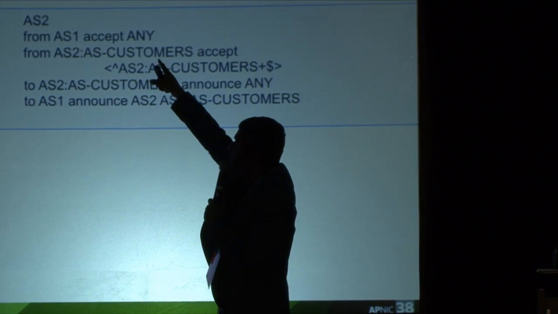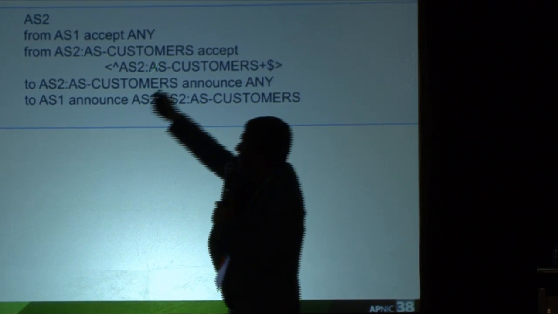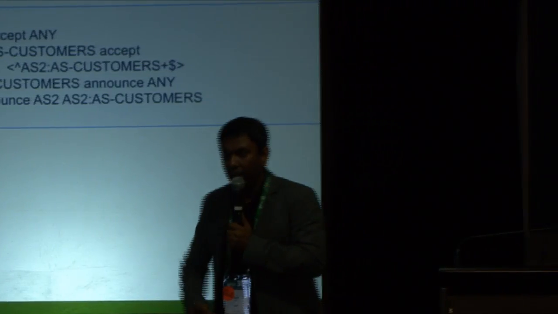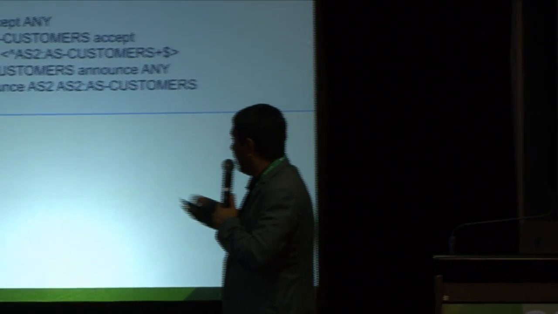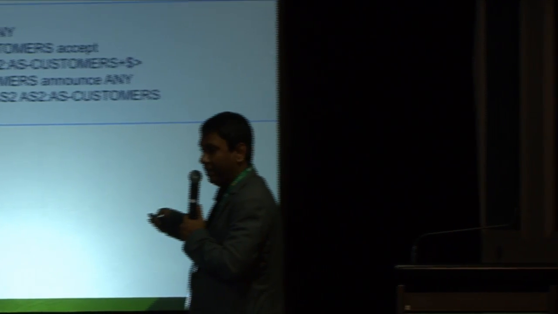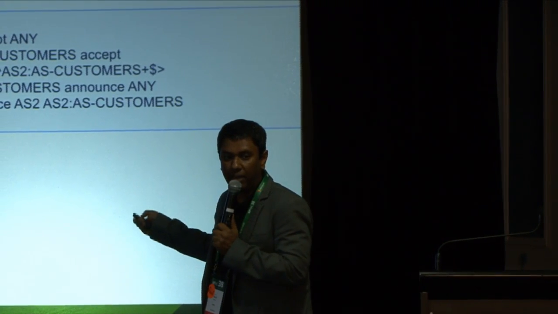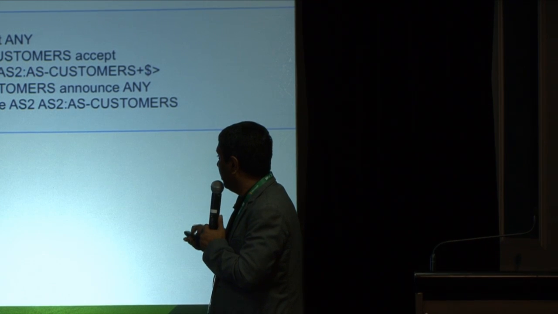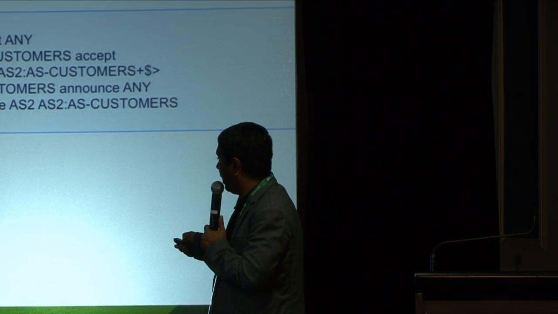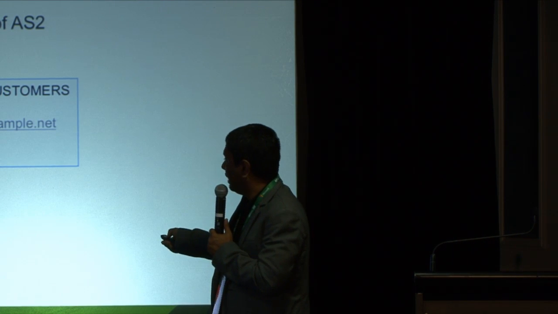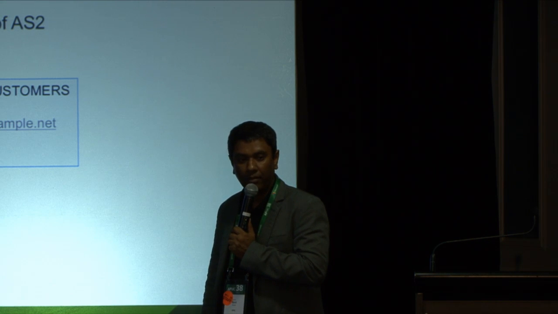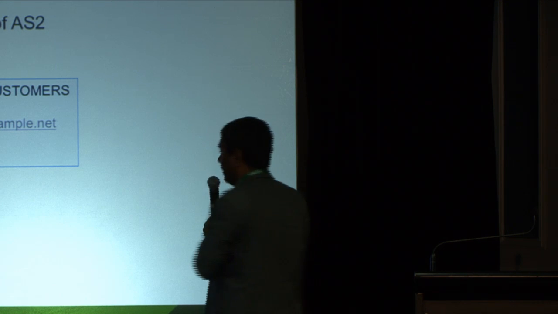So your router will always look at this set object. If you have a new customer coming in today, you don't need to change anything on your main script here. What do you do? Just go and add the new customer as a member of this AS set. Just add another AS number.